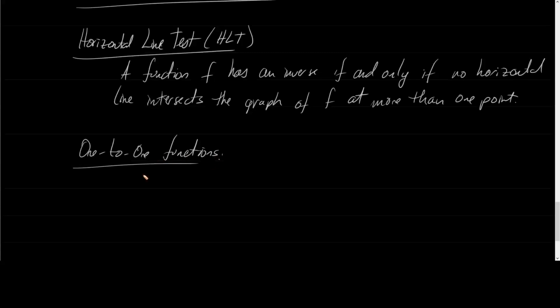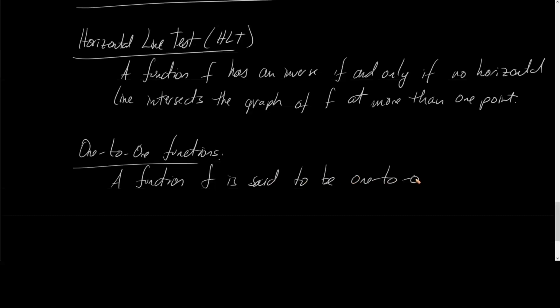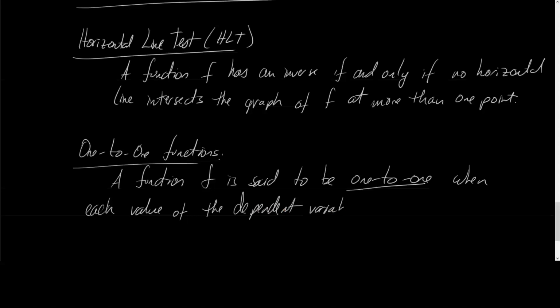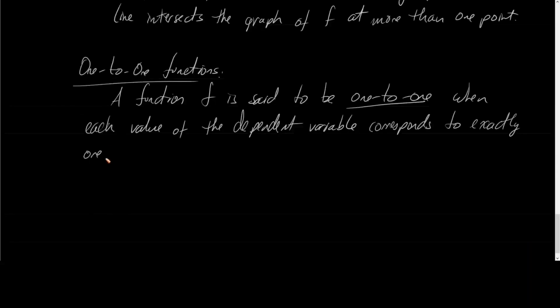A function f is said to be one-to-one when each value of the dependent variable corresponds to exactly one value of the independent variable.